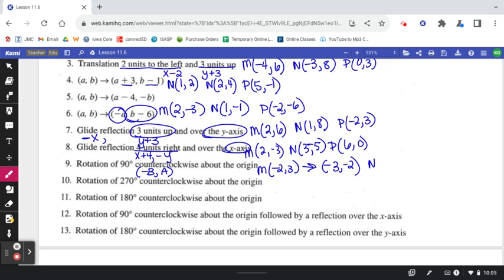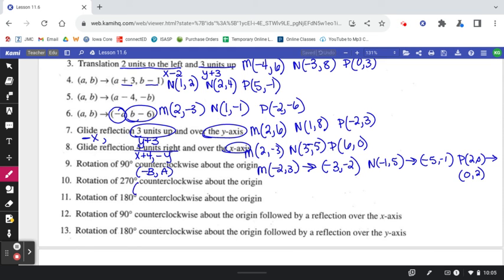For N, it was -1, 5. So I'm going to switch their positions and then give the first one an opposite sign. And for the P, it was 2, 0. So I'm going to switch their positions. And I can't really give the 0 a negative, so it's just going to stay as 0, 2.